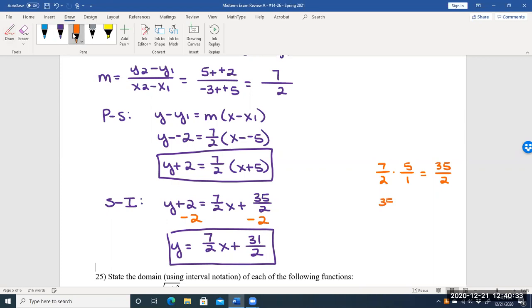When I take 35 over 2 and subtract 2 over 1, a common denominator is needed. So I multiplied top and bottom by 2. And so 35 over 2 minus 4 over 2. Now that we have that common denominator, we subtract numerators and retain our common denominator. So that's where I got 31 over 2.